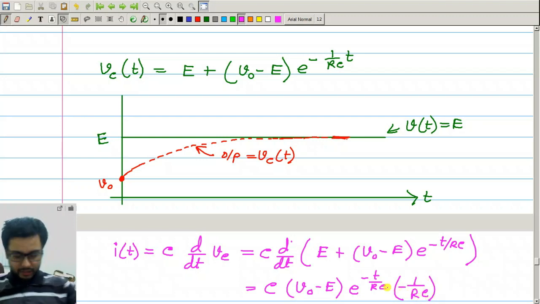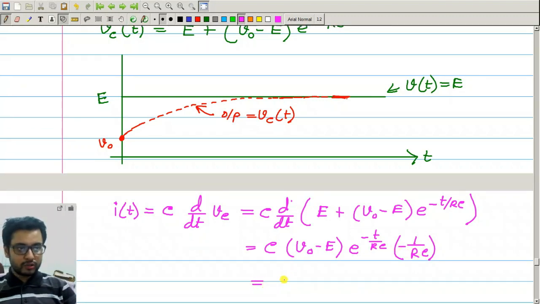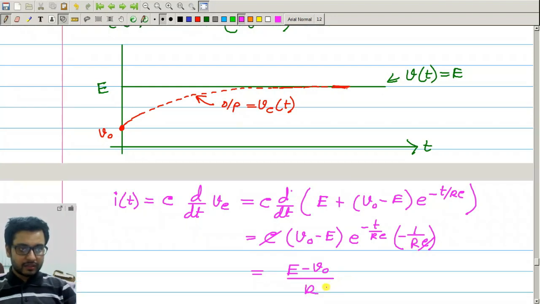Here C cancels, and this minus will make it E minus V0, divided by R, then e to the power minus t by RC.